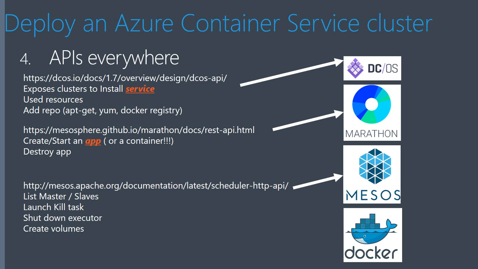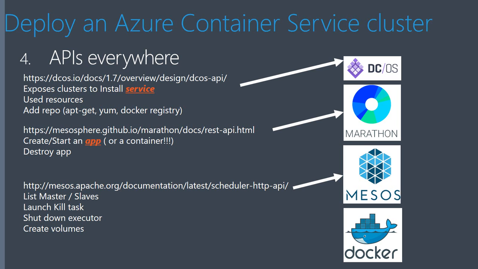So this is like a big concept that involves applications. Applications are somehow like a set of services. And then this OS exposes clusters to install services, for example, to add repositories, to check usage of resources, and so on.